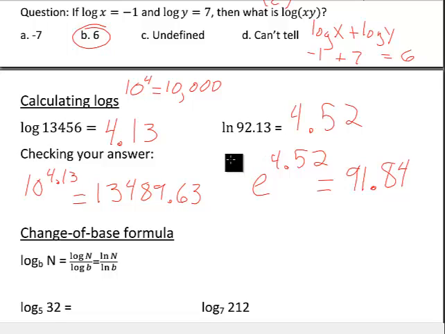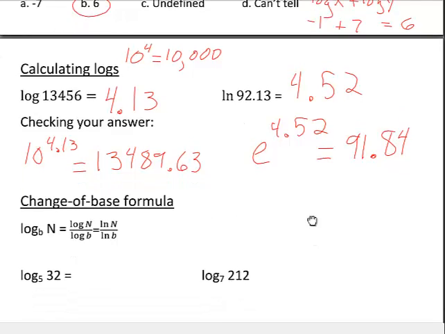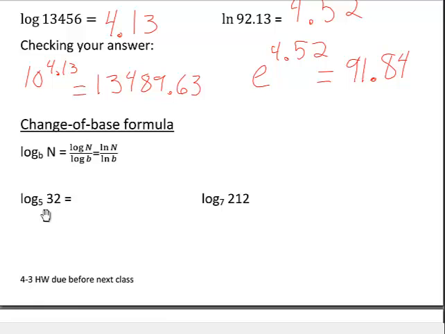Okay, but that doesn't mean all hope is lost when you're calculating things like this down here. So here we don't have log base 5 on our calculator. However, we have this handy-dandy change of base formula. What that allows us to do is take a log that's base 5, for example, and use the buttons we do have, log and natural log. So this is the way it works.